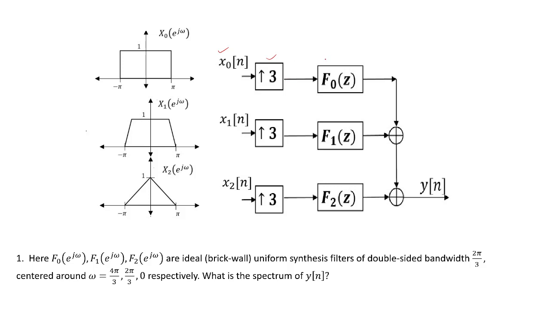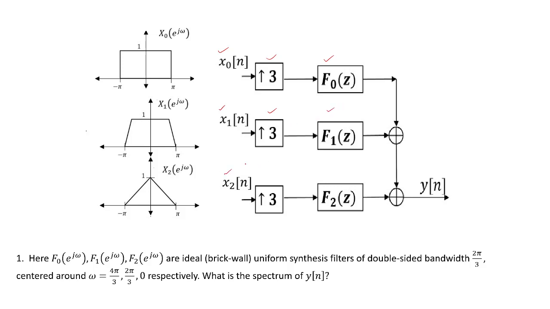Next it passes through this filter with response F0 of z. Then you can see a second sequence x1 of n, again passing through an upsampler block with upsampling factor of 3, and it passes through another filter F1 of z, which is different from the previous one, of course.